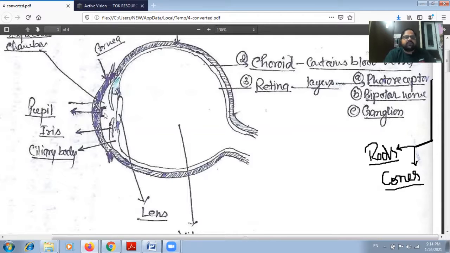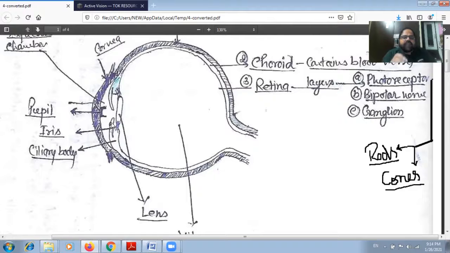When we see things or objects in bright light, then the pupil will have less diameter. And when we see things or objects in dark light, then it dilates. It means the diameter of the pupil will be more, and it is controlled by the contraction and relaxation of muscles present in the iris.